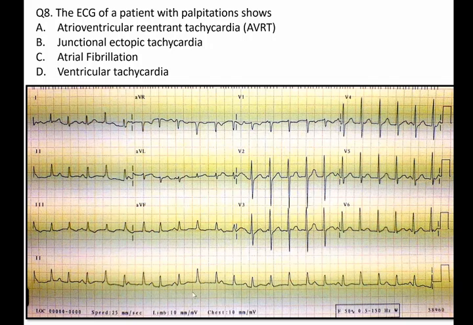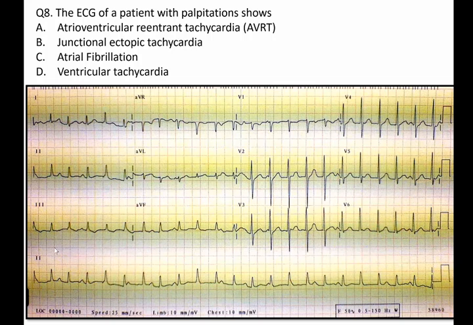So you have a narrow QRS tachycardia where the P waves are fewer than the QRS complexes, and the atrial activation looks like it is maintained by P waves which are positive in 2, 3, aVF, meaning that they are from the sinus rhythm. So atrial activation is from the sinus rhythm, and where is the ventricular activation coming from?